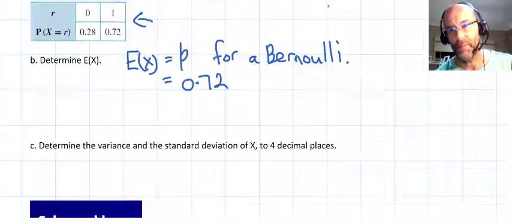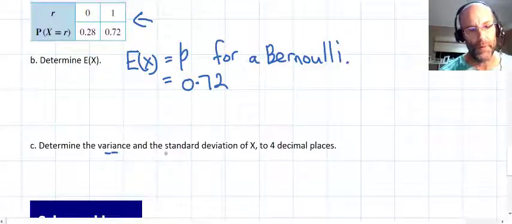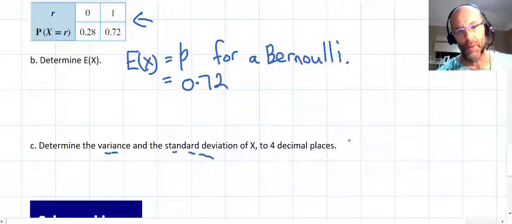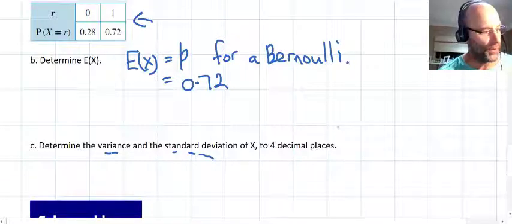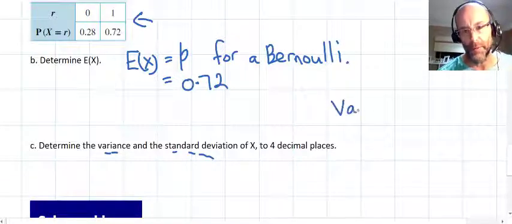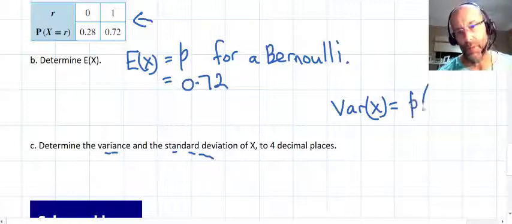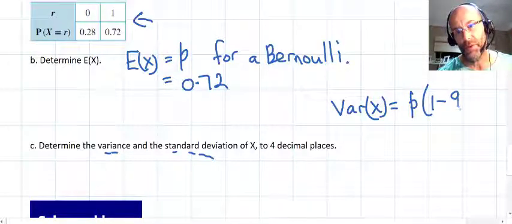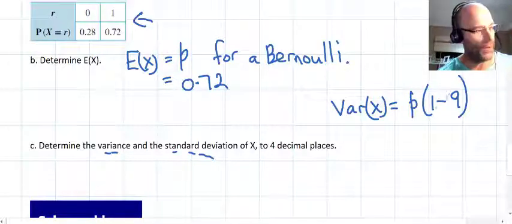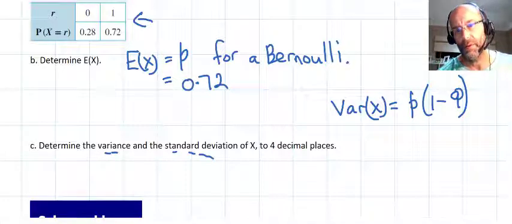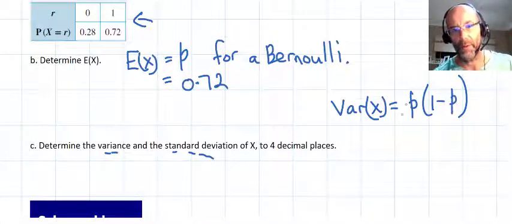Easy. For the variance and standard deviation, we use the results from above, and for Bernoulli the variance is p times its complement. Did you notice that that's p times its complement? I nearly wrote a q there.